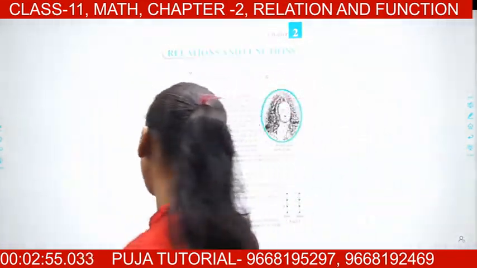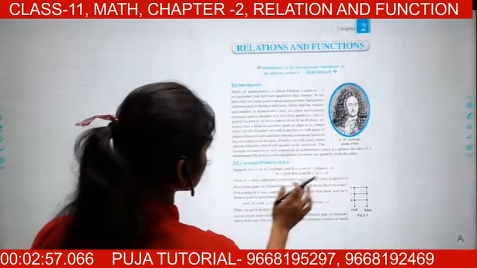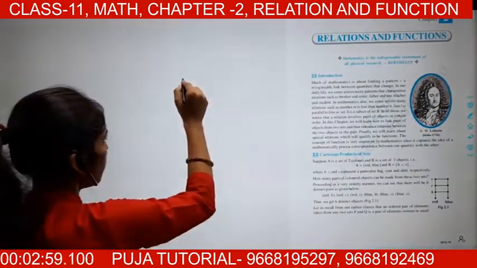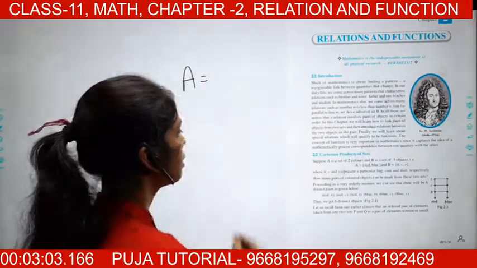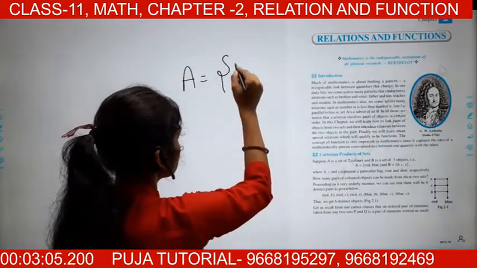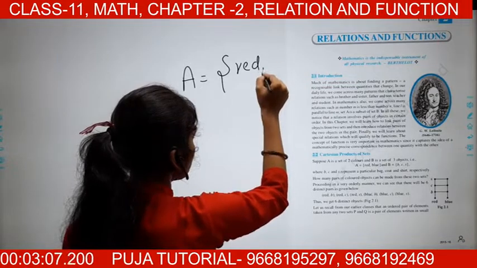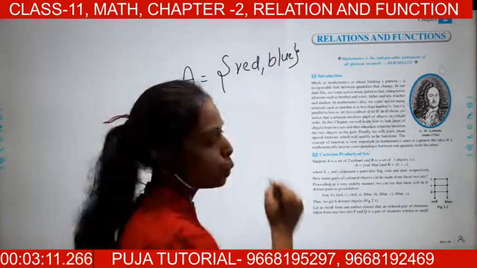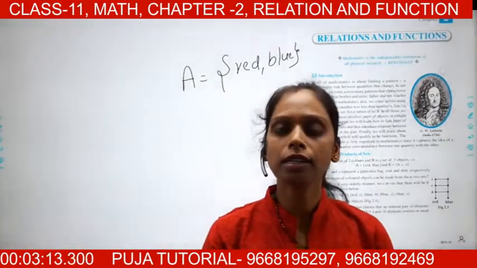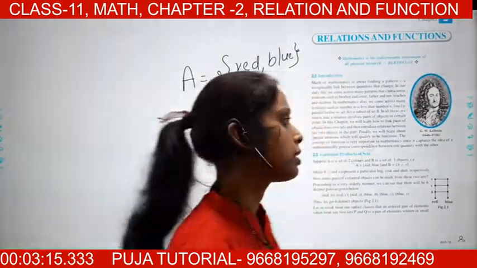Let us suppose that A is one set, and red and blue are two different colors that belong to this set.